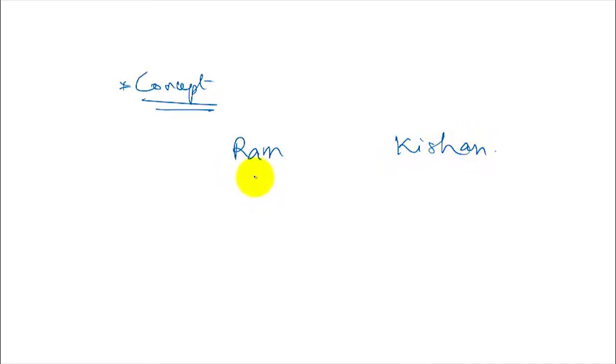The most important concept that I'm going to tell you about age is this. Suppose there are 2 people, Ram and Kishan. Ram's present age is 25, and Kishan's present age is 30.